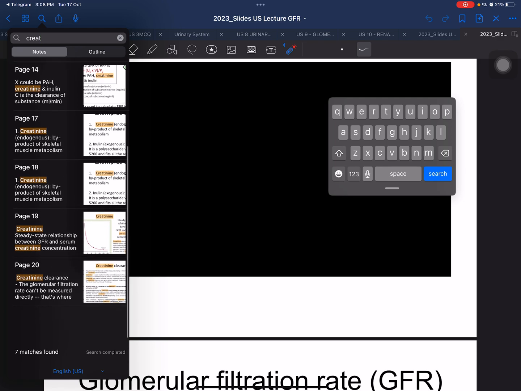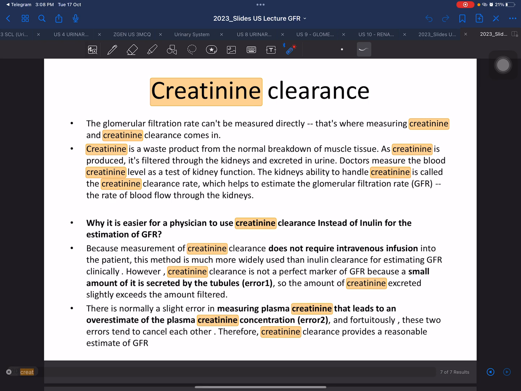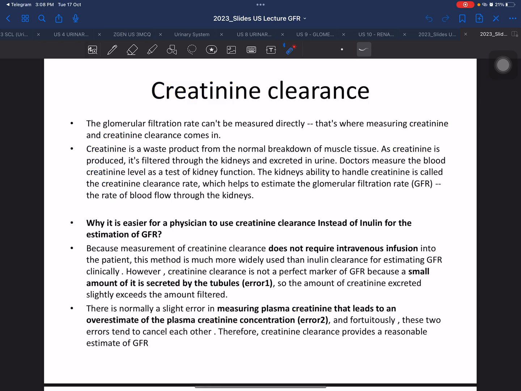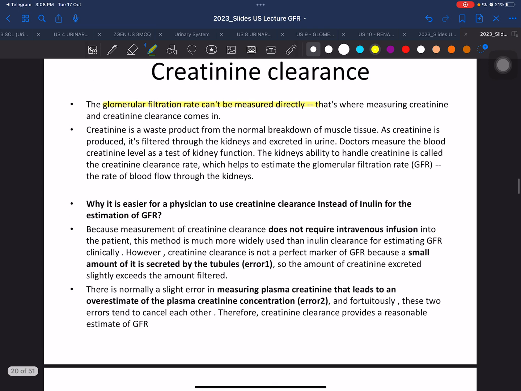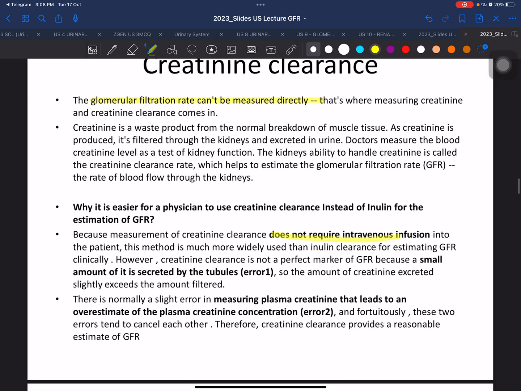So we just take the calculation of the creatinine clearance. However, of course, there is a slight error when you measure creatinine, but we still accept it. Creatinine clearance is still acceptable in clinical practice to represent the GFR value.